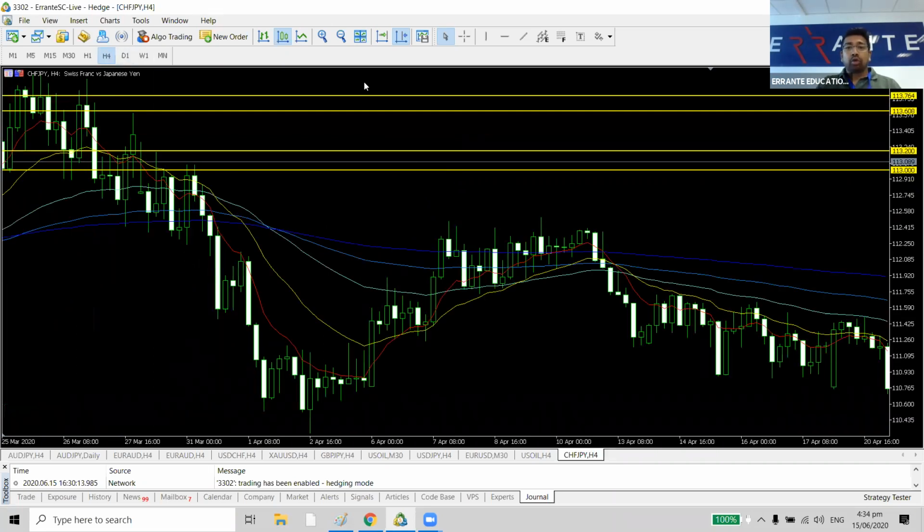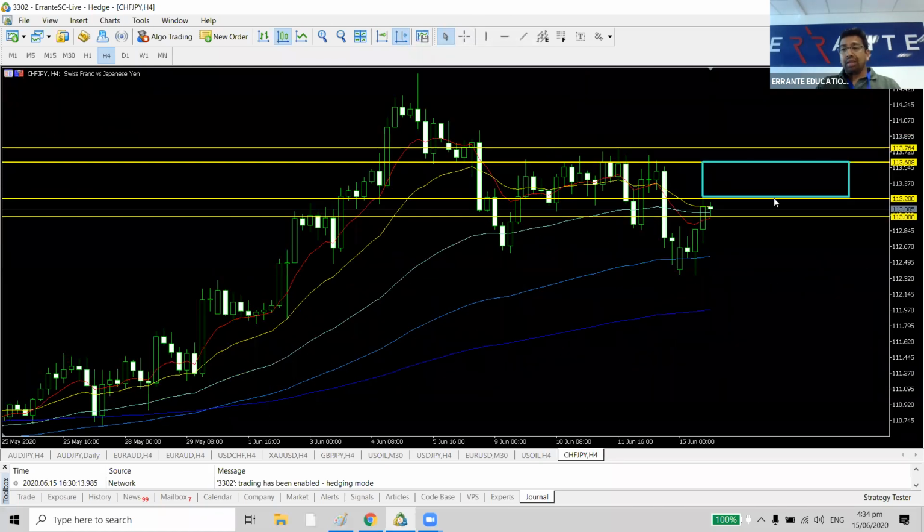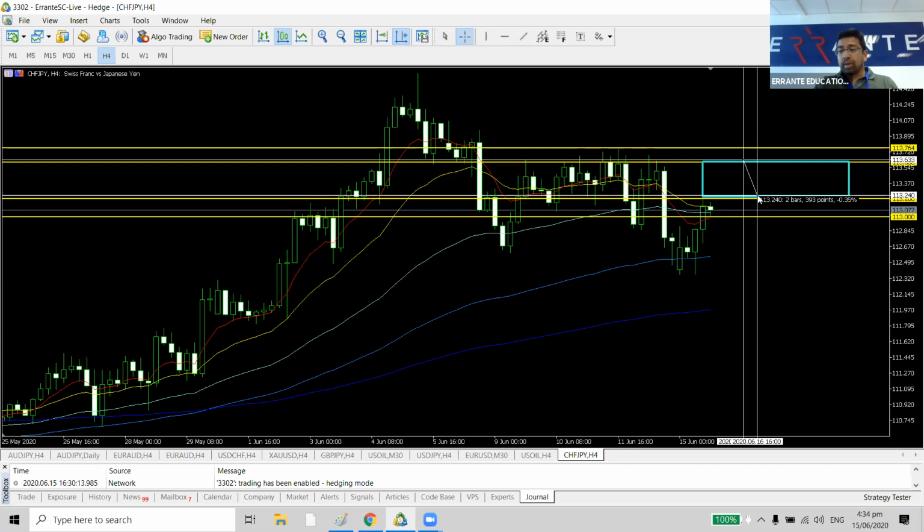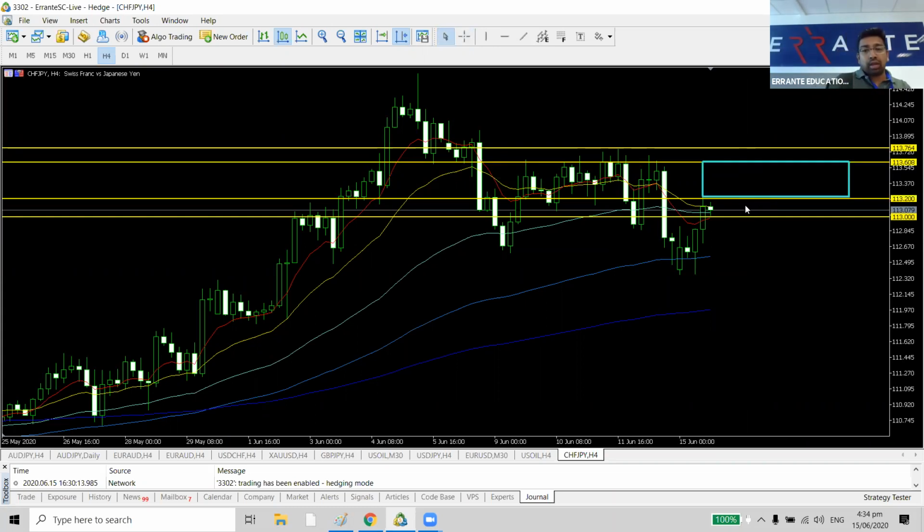But the way I look at it, you may be able to trade in between here, up and down. Buying, then it resists and comes down, then selling, up and down. We don't know how long. Trading from here to here is about 40 pips, so you can look into trading sideways.